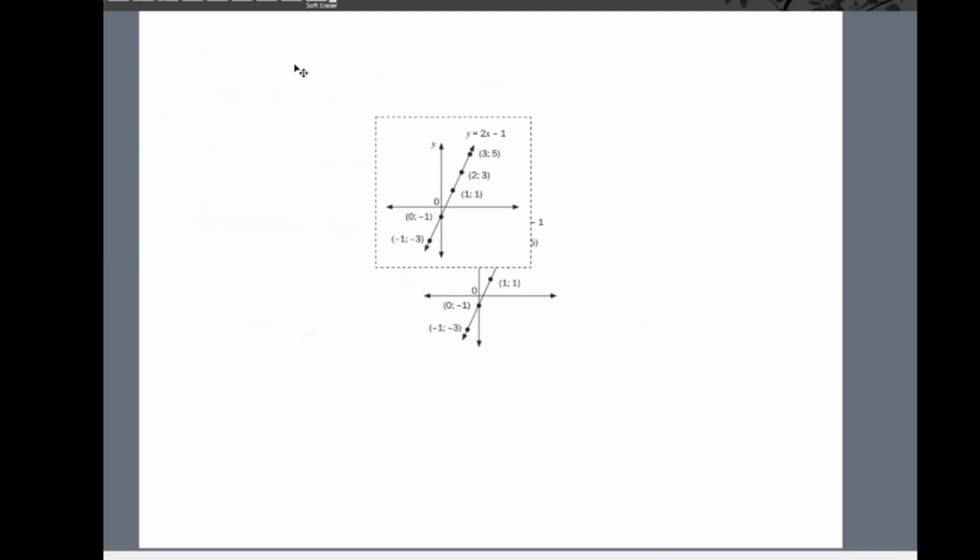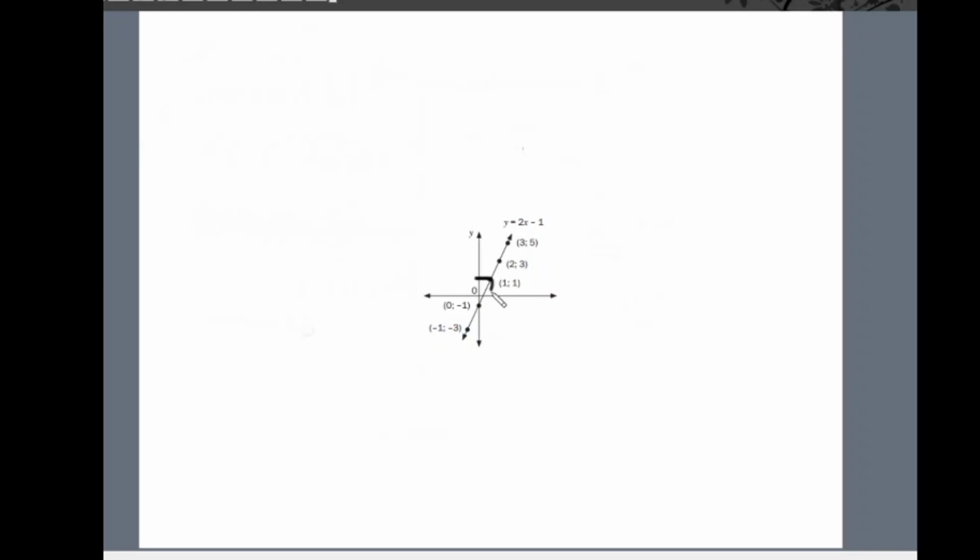So this is one x value. When x is equal to 1, the corresponding y value is also 1, right? Therefore we have a function. Again, when x is equal to 2, the corresponding y value is 3. We have a function, right?